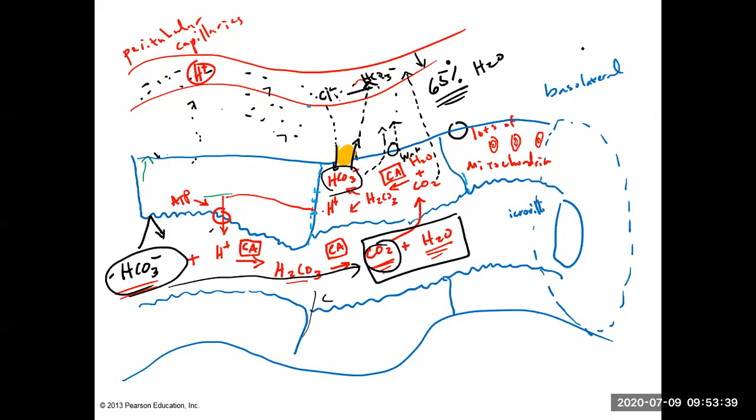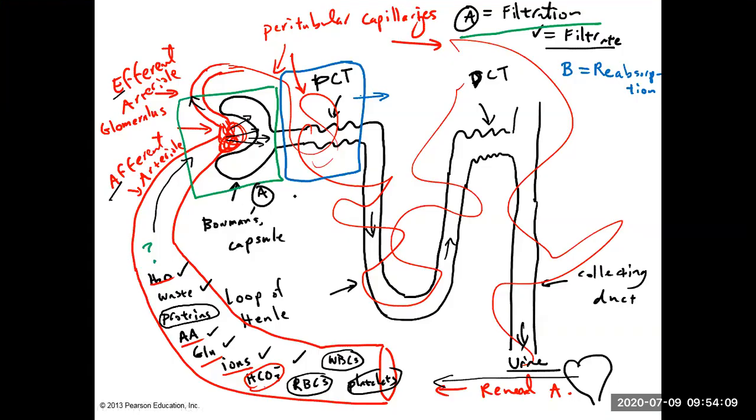The next step is, now that we are familiar with what happens, at least for the PCT. Remember the hydrogen ion, you can do the process C. This is called secretion. Secretion is when you want to get rid of things from the blood back into the tube.